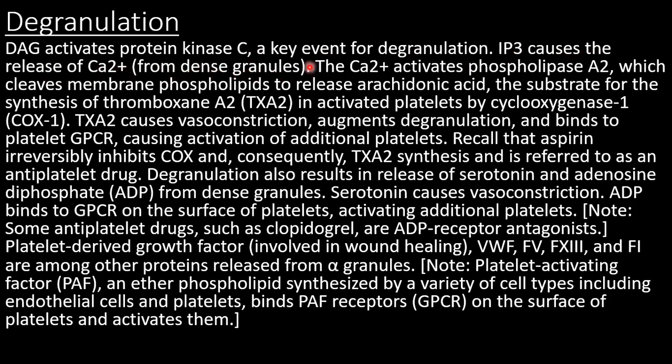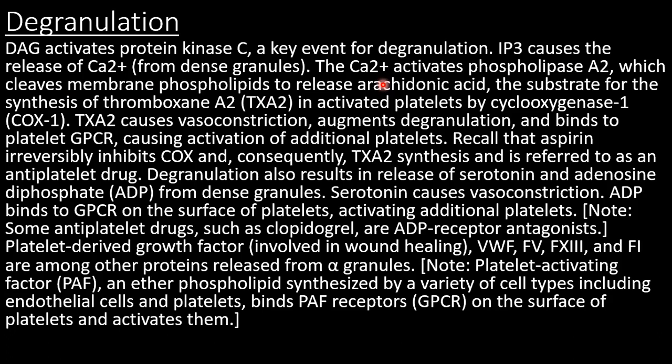Then calcium will activate phospholipase A2, which cleaves membrane phospholipids to release arachidonic acid. Then arachidonic acid will be acted upon by cyclooxygenase, especially in the platelets COX-1, to produce prostaglandin H2.